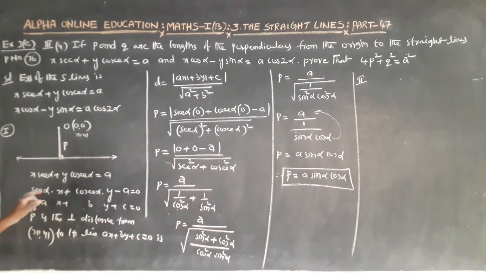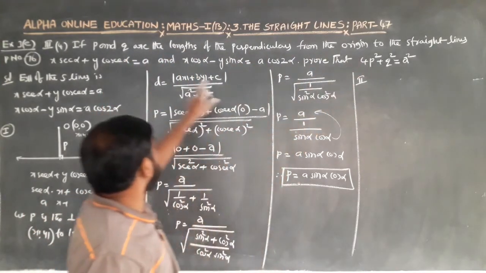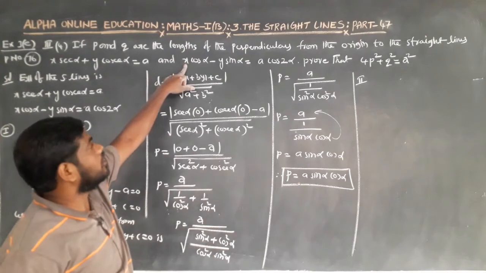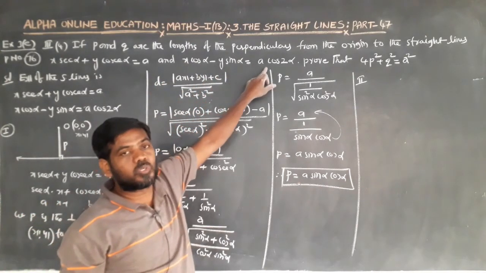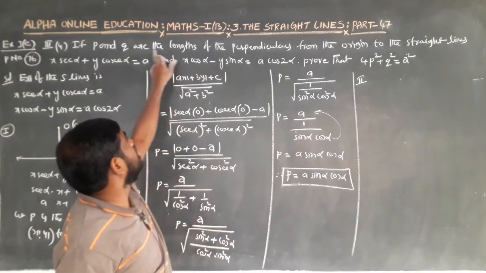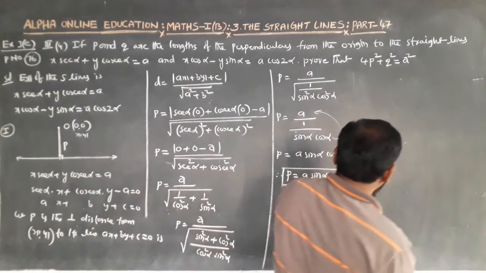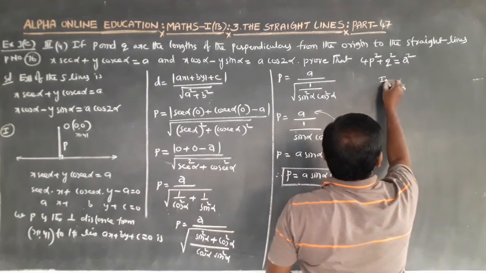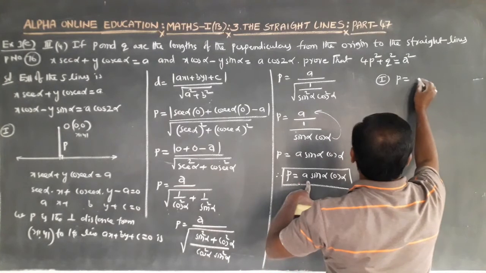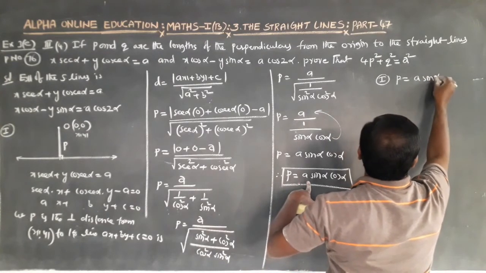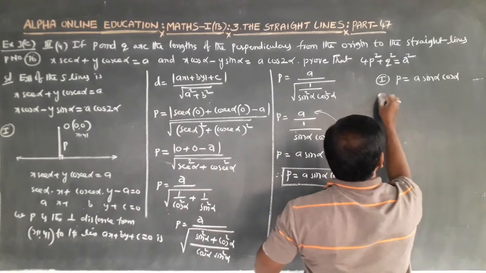Find the perpendicular distance from origin to the second line, x cos alpha minus y sin alpha equal to a cos 2 alpha, which is q. The first perpendicular distance from origin to the line is a sin alpha cos alpha.